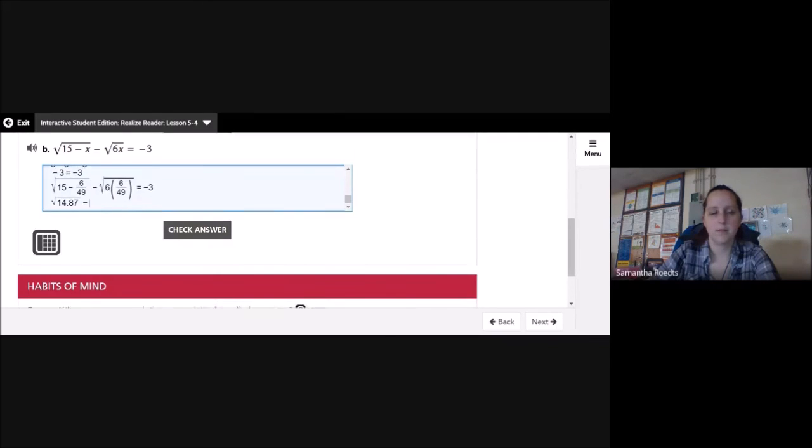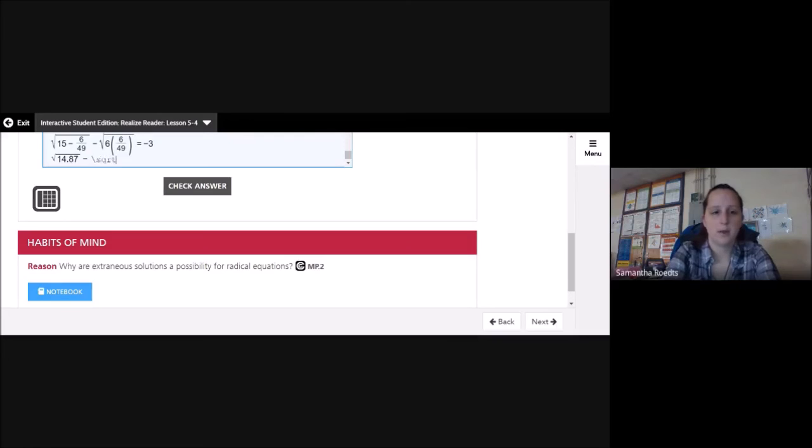The square root of 14.87 is 3.85 minus 0.85. So I get 3, which does not equal -3.